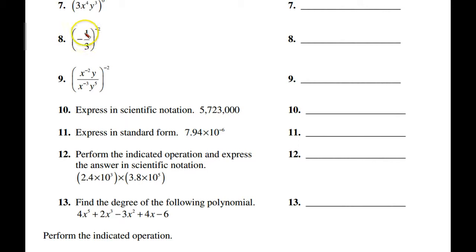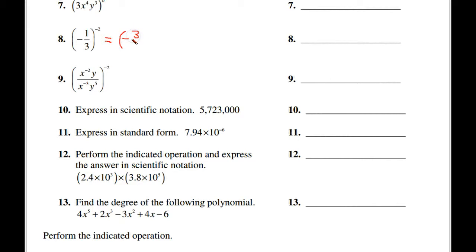Over here we have a fraction that is to the negative power. Well, we said whenever we have a fraction that's to the negative power, we can just take the reciprocal of this, which will be still a negative.